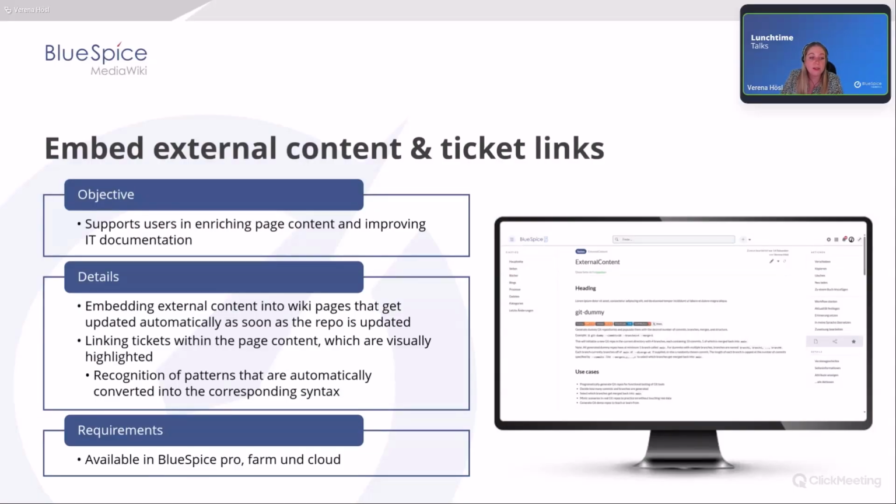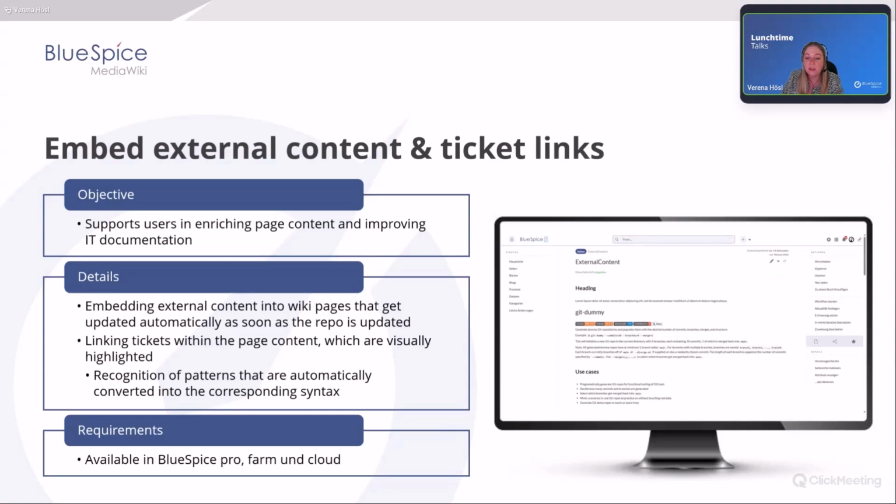Regarding the development itself, it is possible to embed external content into wiki pages, and it's also possible to link tickets within the content of a page, and those tickets are highlighted visually then. We also introduced some kind of pattern recognition.